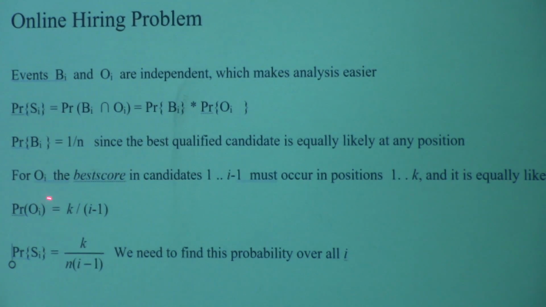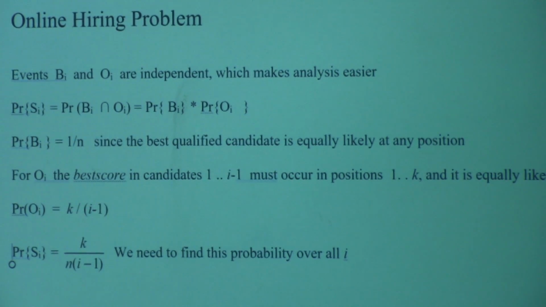So the probability of O sub I is going to be k over I minus 1. See if that makes sense to you. So the probability that we do not hire in positions k plus 1 to I minus 1 is k over I minus 1. Remember, I minus 1 is everybody before the ith person.